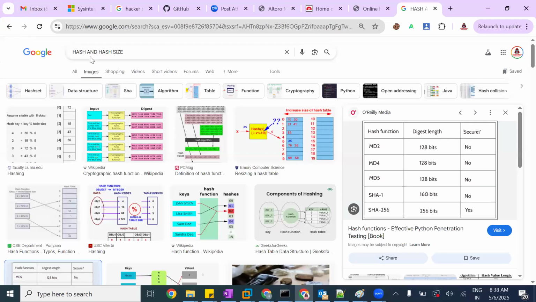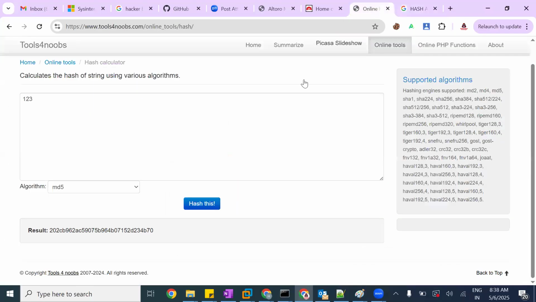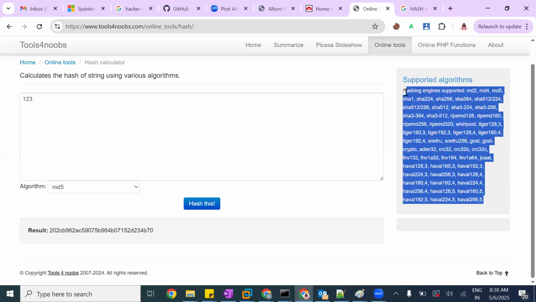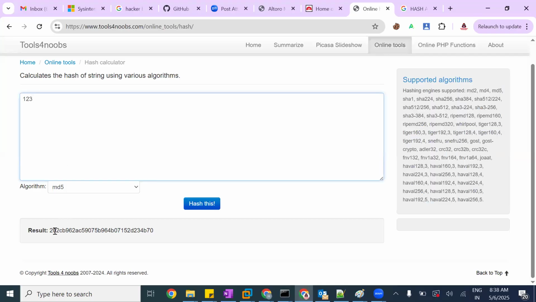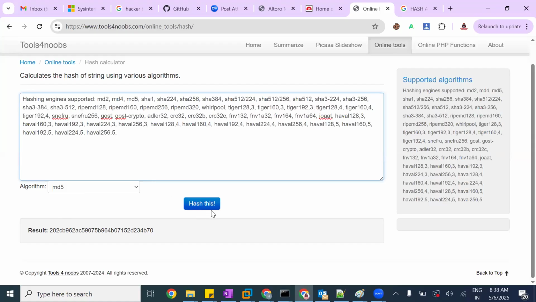We'll do some live examples. I give a very long data. What is the hash size of this MD5? 128. See, even for this large data the output is the same. I change a small value.